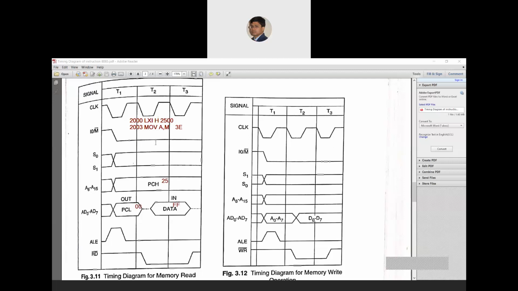That means I am saying that location 2500 has data FF. So your PCH will be 25, your PCL will be 00, and data will be FF. Okay, so you understand this thing.